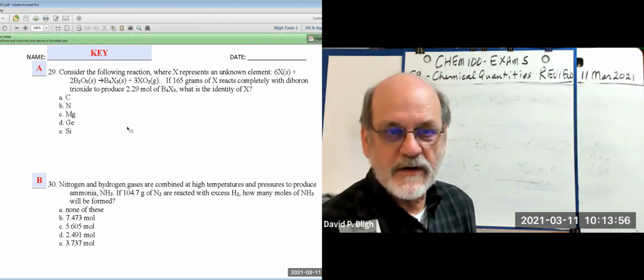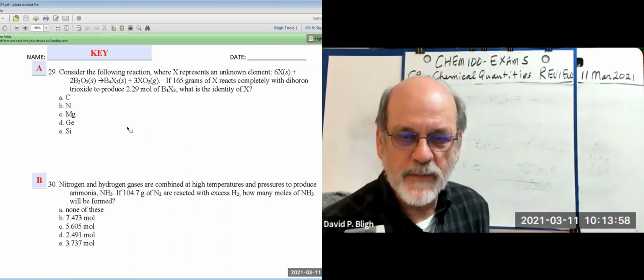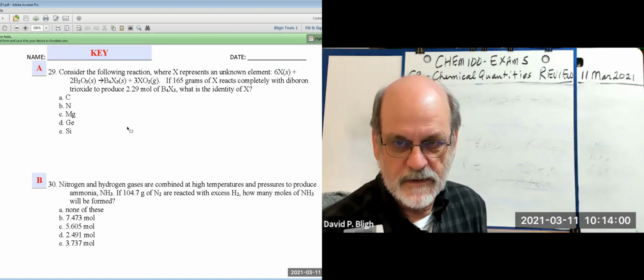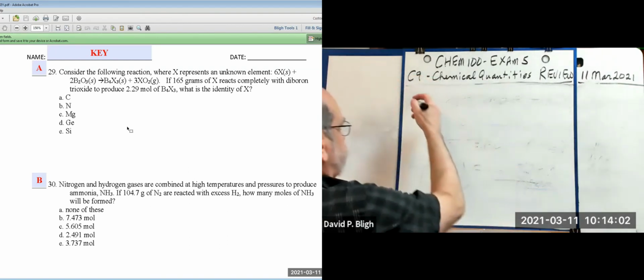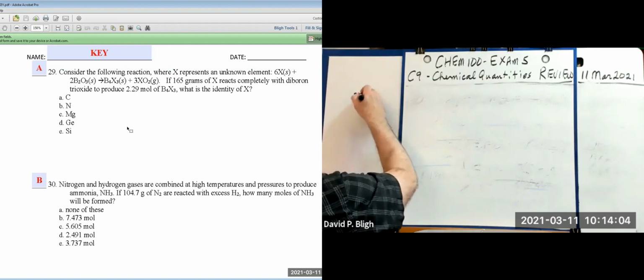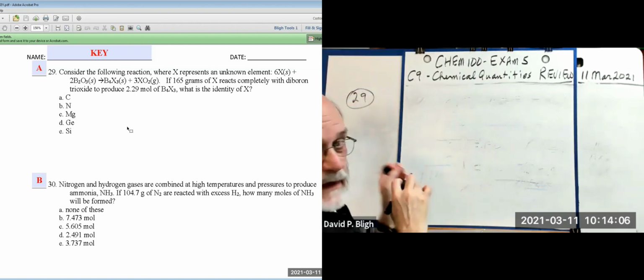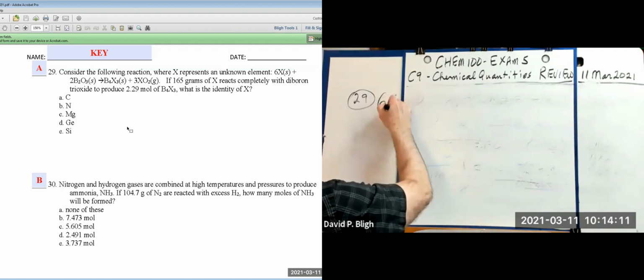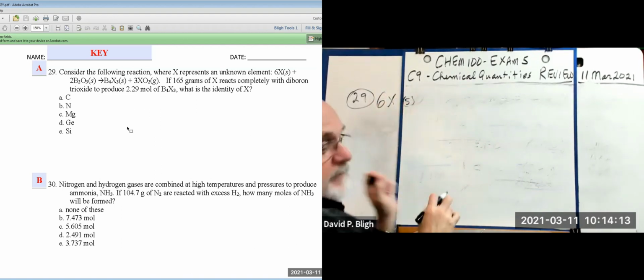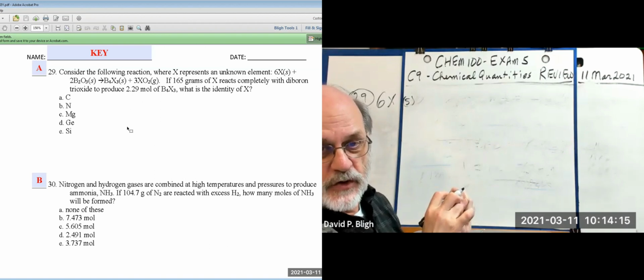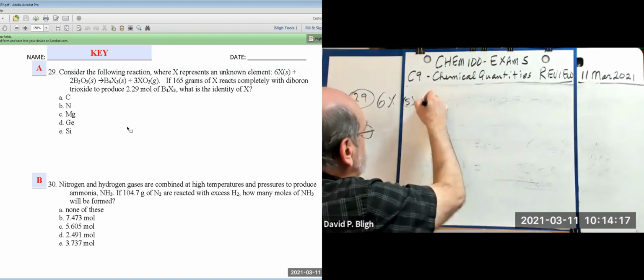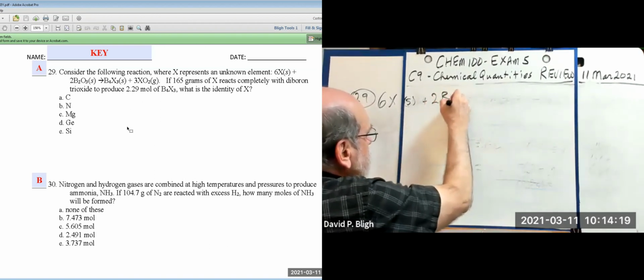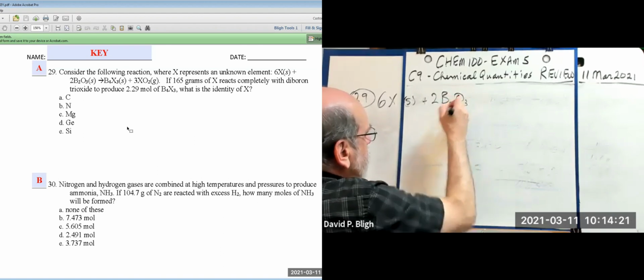All right, consider the following reaction where X represents an unknown element. So we have 6X solid plus 2 B2O3.